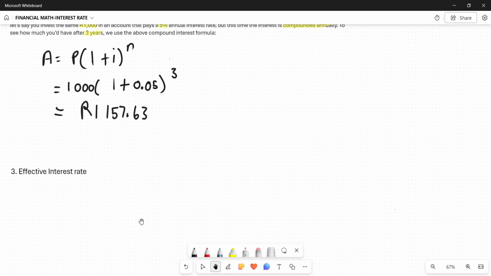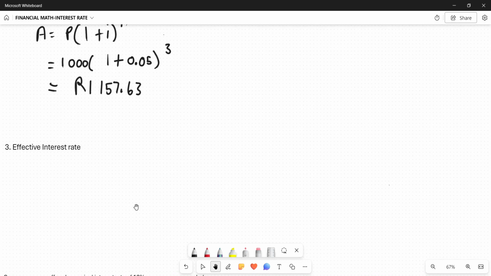Moving on to the effective interest rate. We usually call it the compound effective interest rate. Effective rates are compound rates that have interest paid per unit time, either at the end of the period or at the beginning of the period.